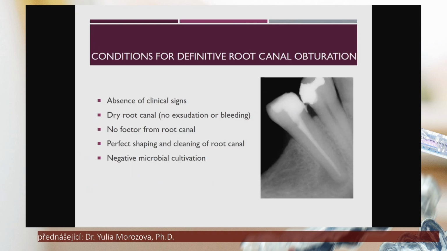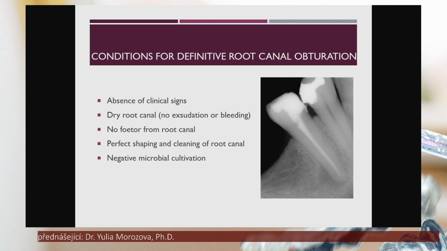And so, due to these aims, it's really important to provide adequate obturation, so-called 3D hermetic obturation of the root canal. But before we provide the definitive filling of the root canal system, we should be sure that we have all of the conditions for obturation. First of all, there should be an absence of clinical signs in the patient. It means that the patient should be without pain, without edema, and without fistula.